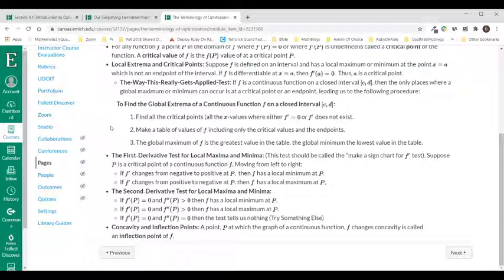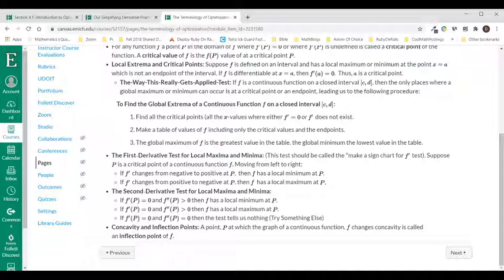The second thing you want to do is make a table, because once we have the critical points and the endpoints, this little test up here says that the high point and the low point both have to be included in that set. So we just have to make a table of function values, and then the lowest value in the table is the global minimum, the greatest value in the table is the global maximum.